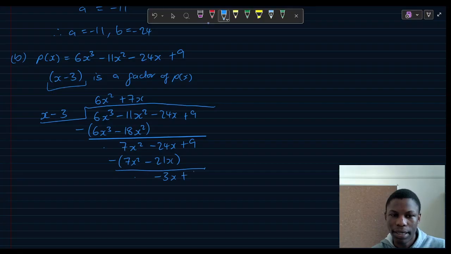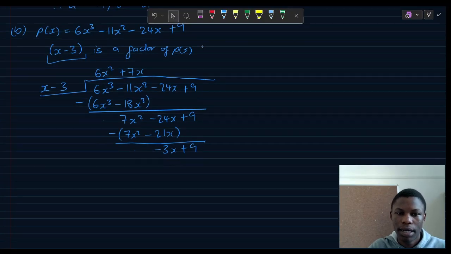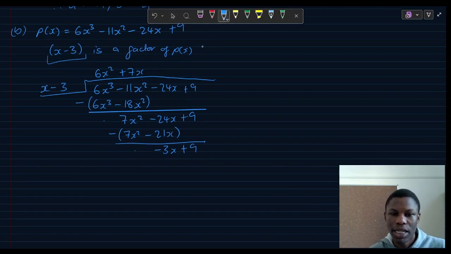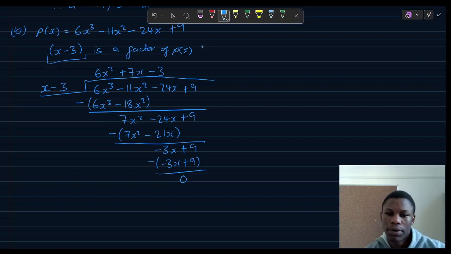Bring down the 9. And how many times does x go into negative 3x? We get negative 3. So negative 3 times x, that's negative 3x. Negative 3 times negative 3, that's positive 9. And hopefully you can see that these two cancel out and give you 0.